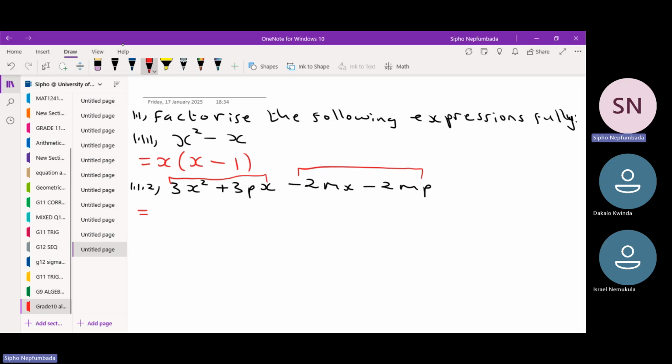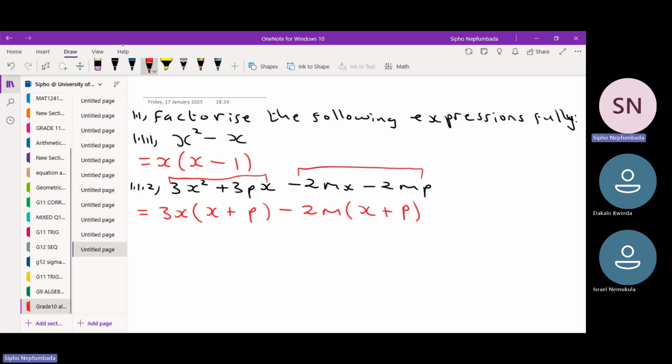So on the first bracket, we've got a common factor, which is 3x. So therefore, inside, we're going to be left with x plus p. Are we fine? Yes. Then on the second one, we've got a common factor, which is minus 2m. So inside, it means we're going to be left with x plus p.